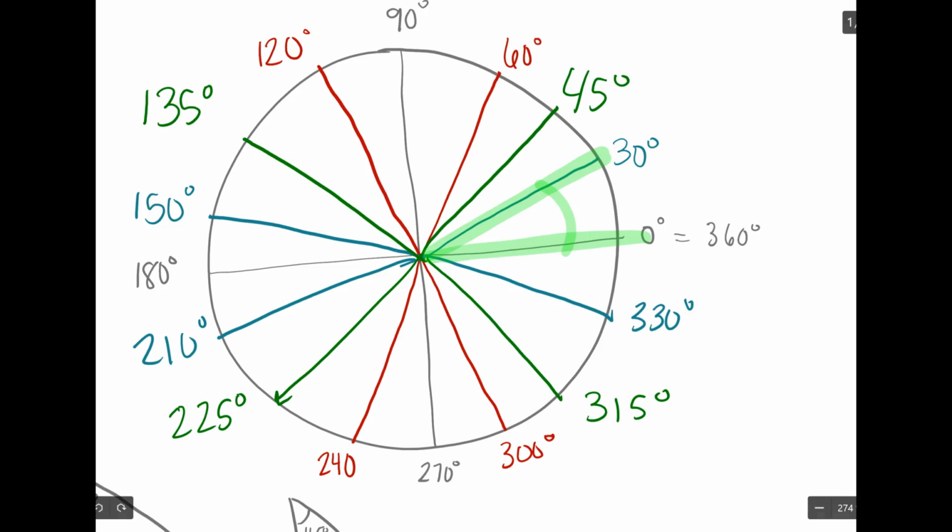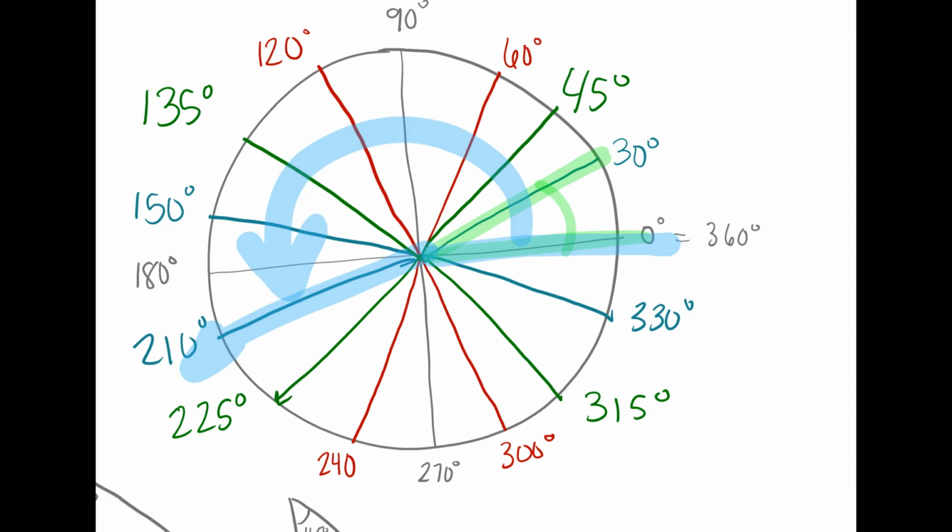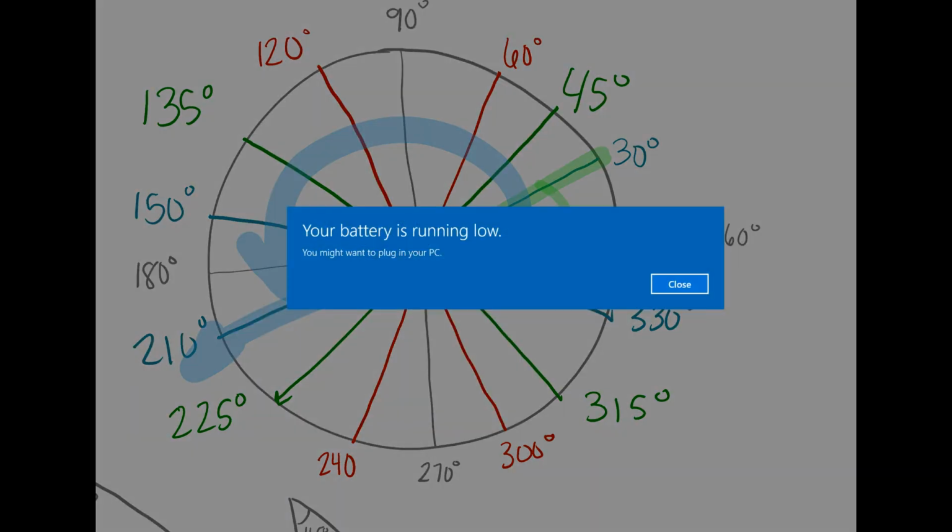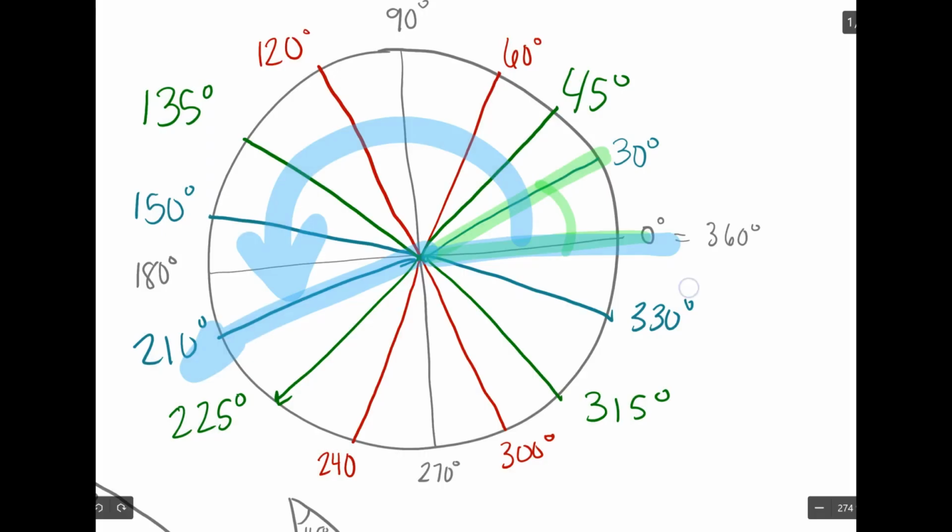So I look at 210 degrees. I'm going to highlight this one. This is the angle for 210 degrees. Do you see how I drew it in blue? I had my initial ray, my terminal ray, and then it goes all the way around. I do not want to do sine of 210. I don't know what triangle this is. It's not a triangle.